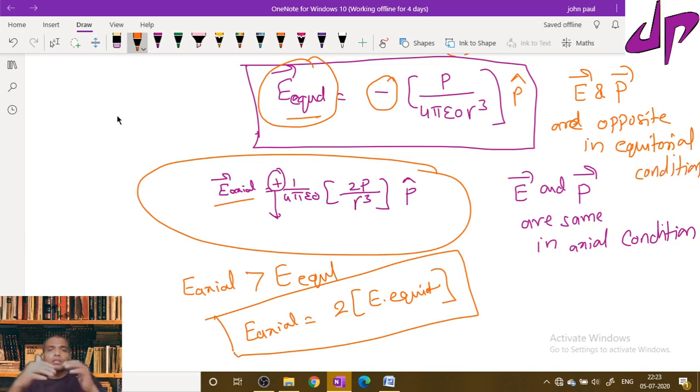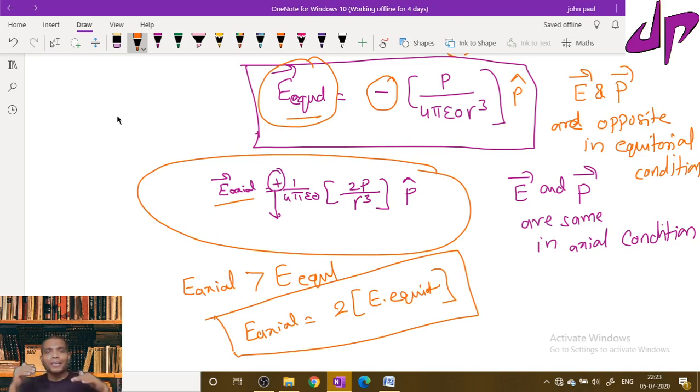So finally, these two are the comparisons between the electric field due to an electric dipole. For an electric dipole, the electric field is stronger along the axial line, and along the axial line the electric field direction and the dipole moment direction are in the same direction.